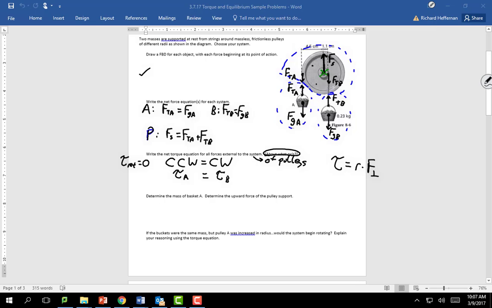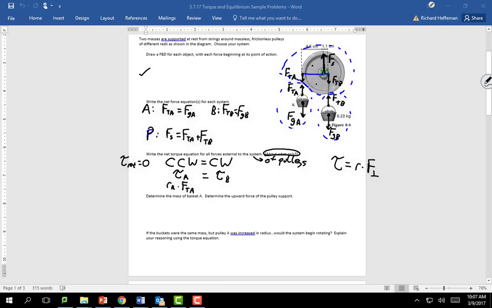So if we keep writing that equation out, torque is R times force perpendicular. So torque A is R for A times the force perpendicular to that. So that's FTA. Is that force already perpendicular to our lever arm? Yes. So if we drew in our lever arm, it looks like that for FTA, and then it looks like that for FTB.